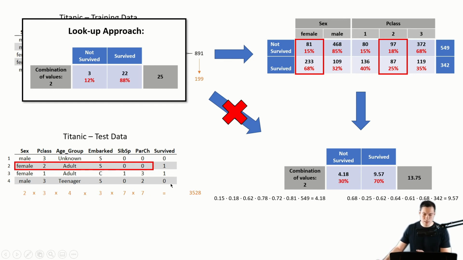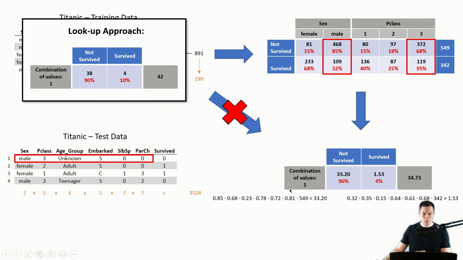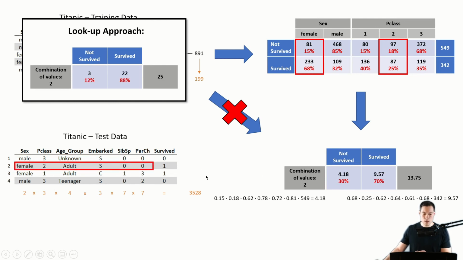So you might get the impression that naive Bayes always makes the correct predictions, but this is obviously not the case. That's just because I specifically picked those passengers here from the test set. So if we would apply our naive Bayes algorithm to the whole test set, with some small adjustments that we're going to cover in the next video, then we actually get an overall accuracy of 77%.